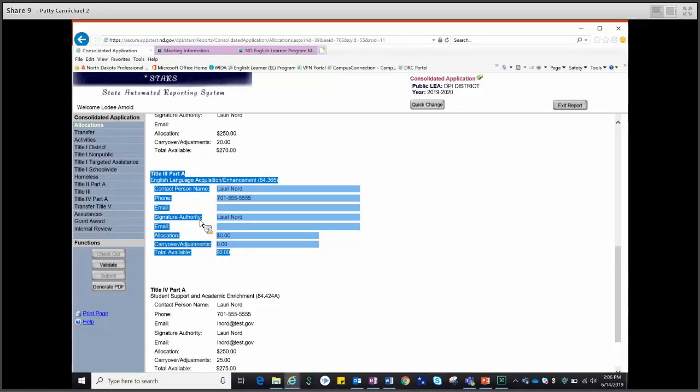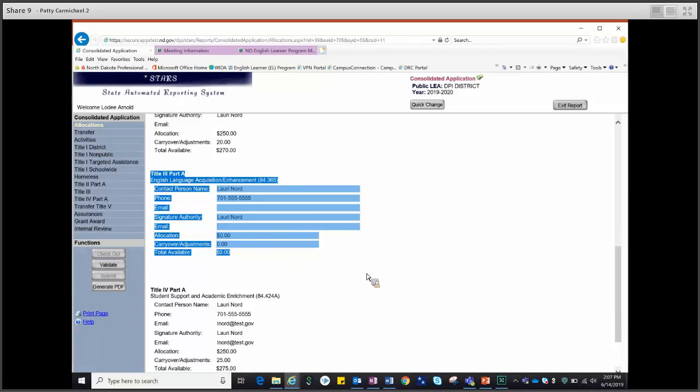The allocation amounts are pre-populated, so you don't have to put those in. Remember, the one thing we suggest is to wait until after those allocations are final before you submit your consolidated application. You can work on it and get it done, but please don't submit it until final allocations come out. And when final allocations do come out, please make sure you check that your activities and allocations match and align.